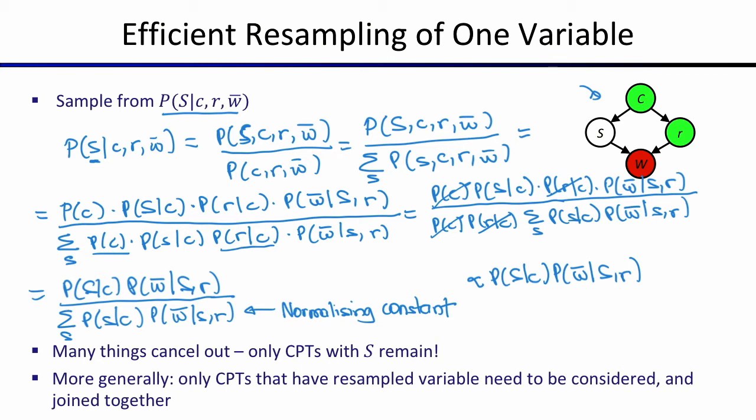So that's going to be the same thing, right? We just need to multiply the factors that mention the variable that we're going to sample. At the same time, the entries of these tables will be fully specified, just not for the variable S. So we're going to have to check just the values for the variable S. And that's going to be a very efficient type of inference.